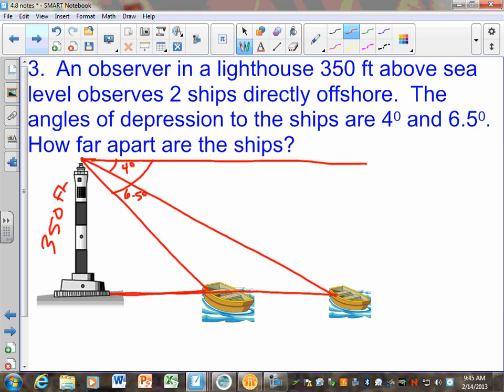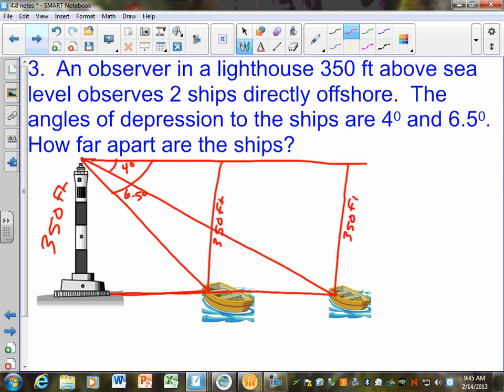And again, we could do it just like the last one. If the lighthouse is 350 feet and I know those angles up there, could I draw in my upside down triangle and that would be 350 feet? This would be 350 feet. Do you like that way, or you want me to do it a different way?